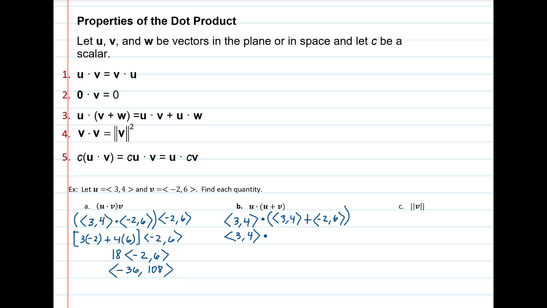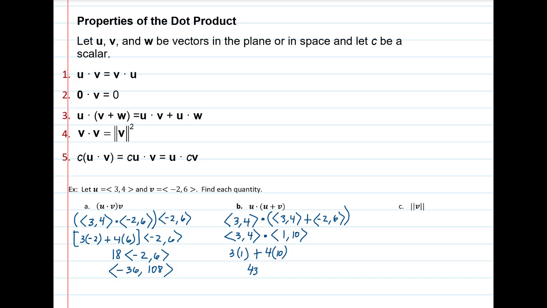So we have vector u is 3, 4, dot product, whatever that sum is, and we're going to go ahead and use our vector addition here to combine u and v, and we get 3 minus 2 is 1, 4 plus 6 is 10. So 1 comma 10 there. And now we're ready to dot product that with 3 comma 4, and that's 3 times 1 plus 4 times 10.